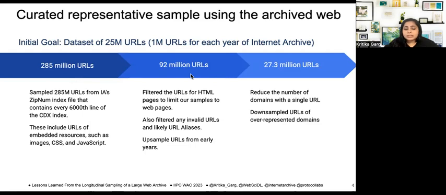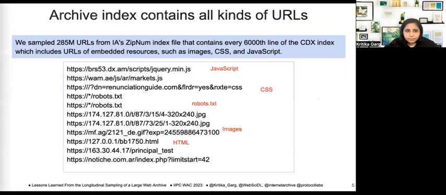We sampled 285 million URLs from IA's ZipNum index file that contains every 600th line of the CDX index, which includes URLs of embedded resources such as images, JavaScript, CSS, also robots.txt, HTML, everything.